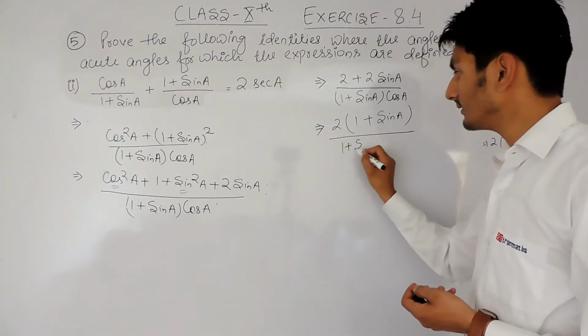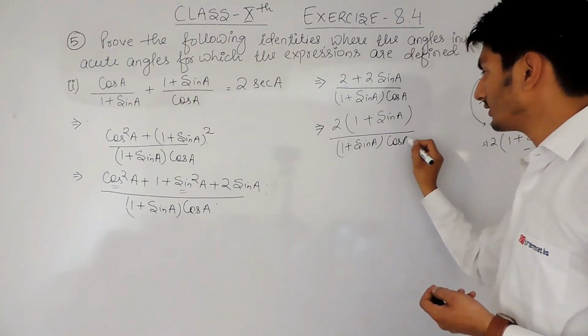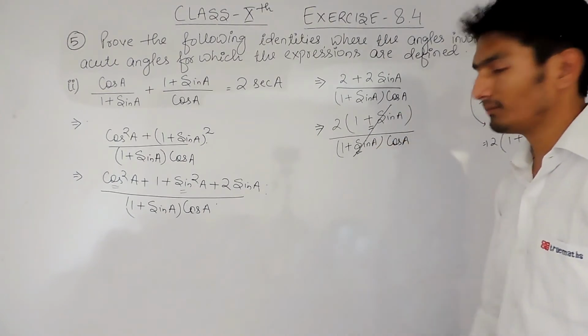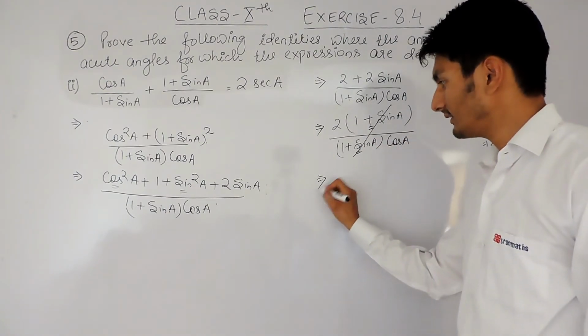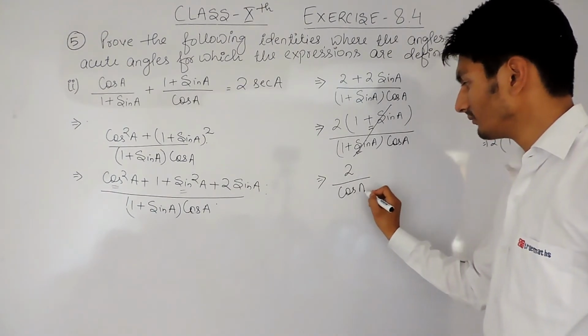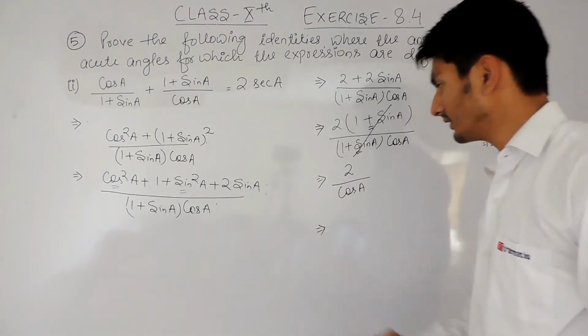And in the denominator, 1 plus sin A and cos A will be there. 1 plus sin A and 1 plus sin A are the same, and can be cancelled, and this will be 2 upon cos A. Solve this further.